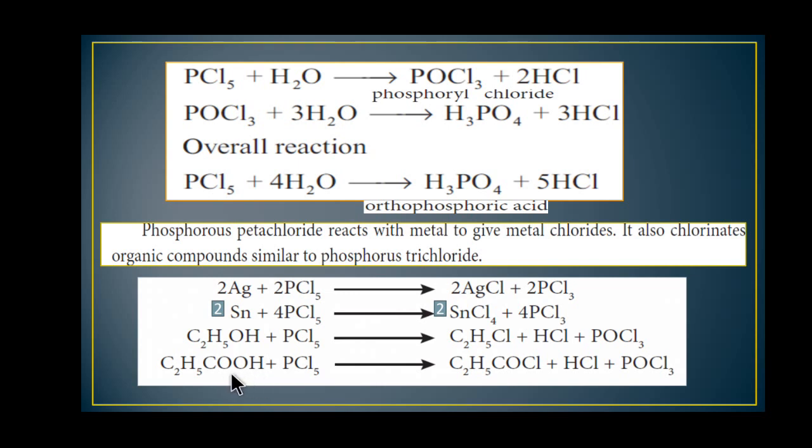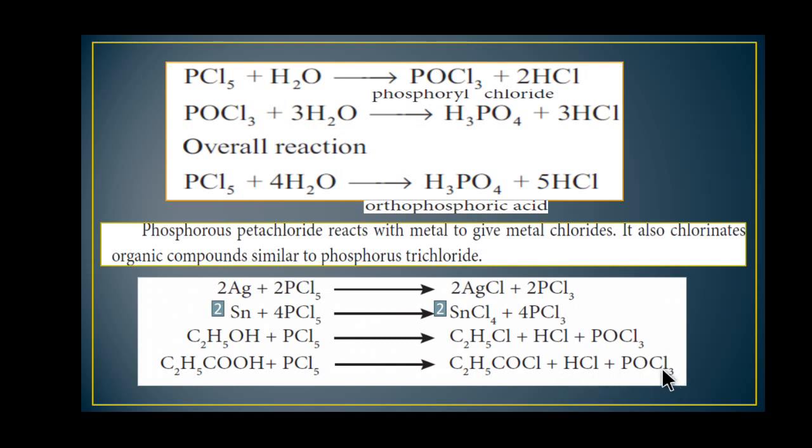When carboxylic acid, is it clear? Propanoic acid reacts with PCl5 and will give the product, as we already discussed. What is the product? C2H5COCl. Propanoyl chloride is the product, and HCl and POCl3 are the excess products.